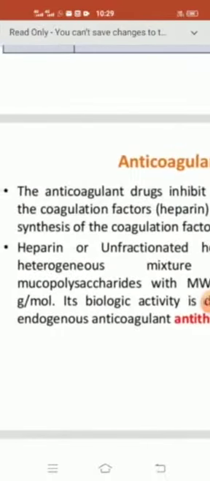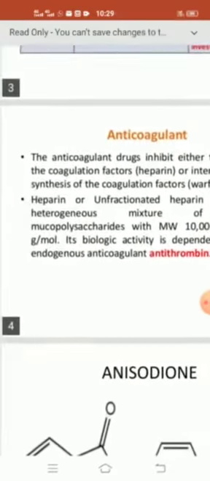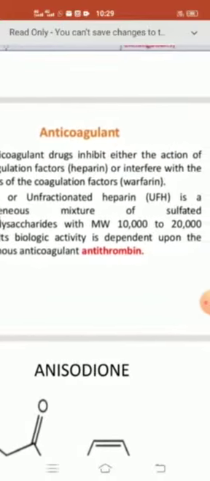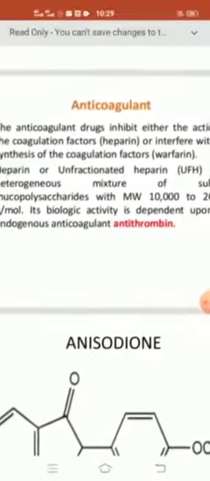So how do you define an anticoagulant? The anticoagulant drugs inhibit either the action of the coagulating factors, mainly heparin, or interfere with the synthesis of the coagulation factors.